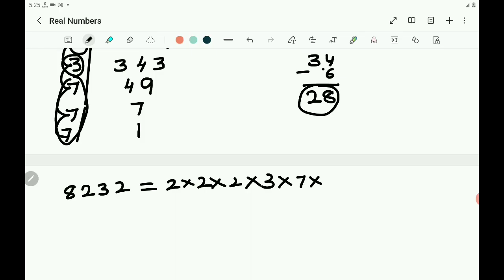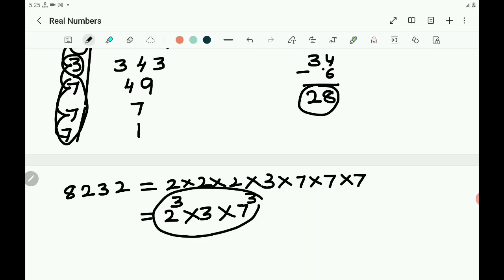That is 2 power 3 into 3 into 7 power 3. So you got the prime factorization of 8232, which is equal to 2 power 3 into 3 into 7 power 3.